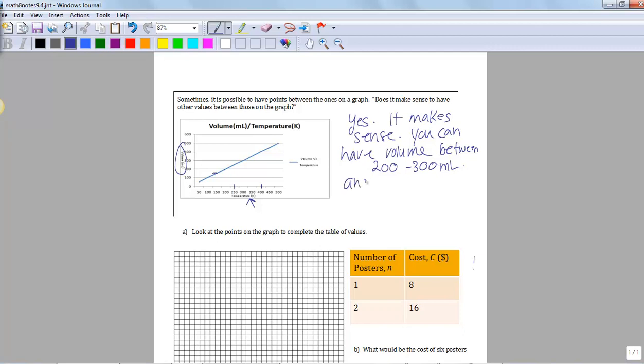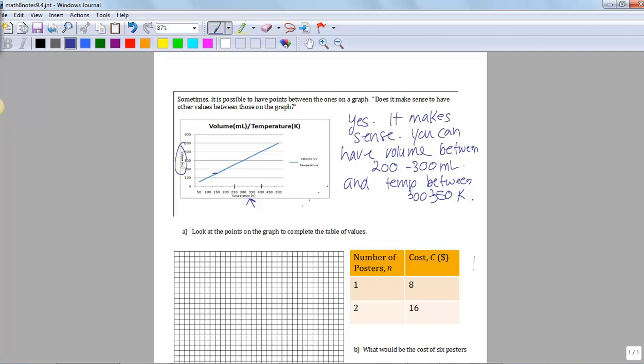And temperature between 300 and 350. For example, if we're talking about people, that's an example where you can't really have half a person, so you'd have to have distinct dots that way.